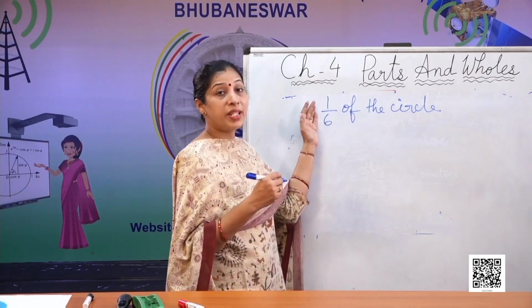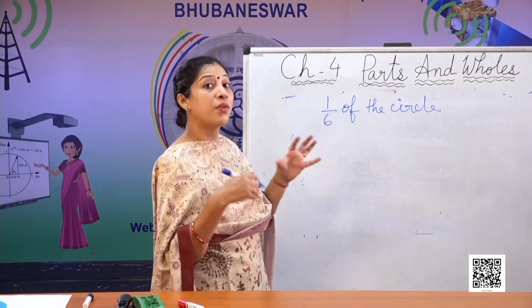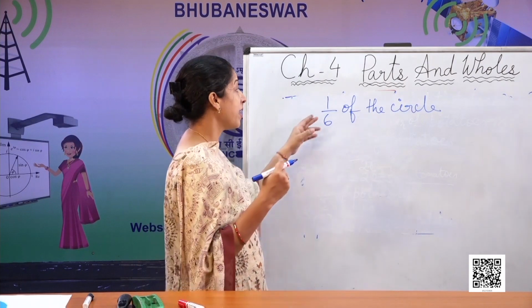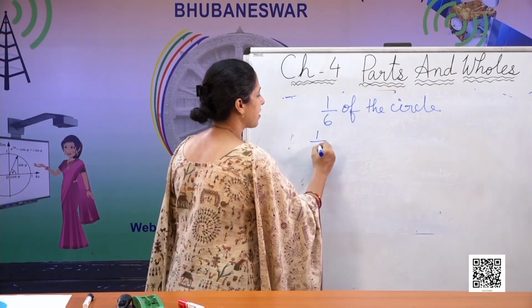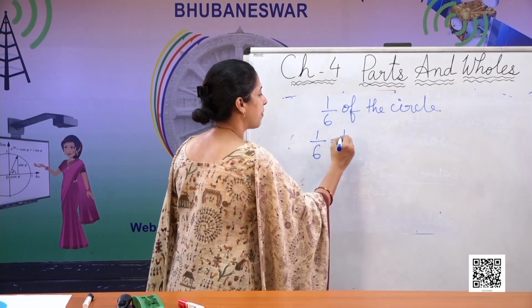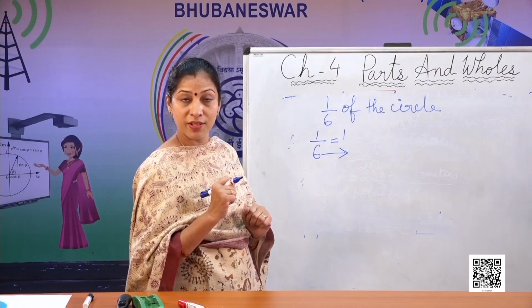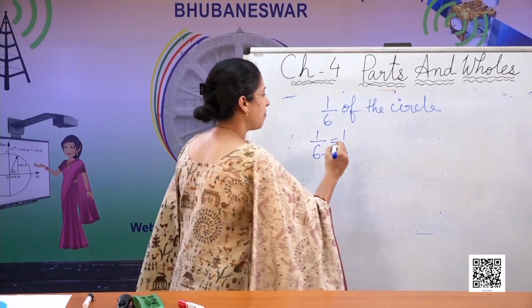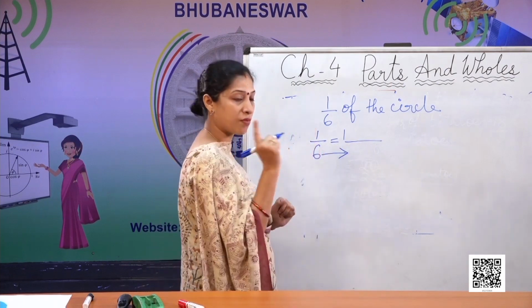For that, we can convert this 1 by 6 into a fraction having an equal number of parts, that is 12. What can you multiply in 6 to make 12? Yes, you can multiply 2 to make 12. 6 into 2 is equal to 12.